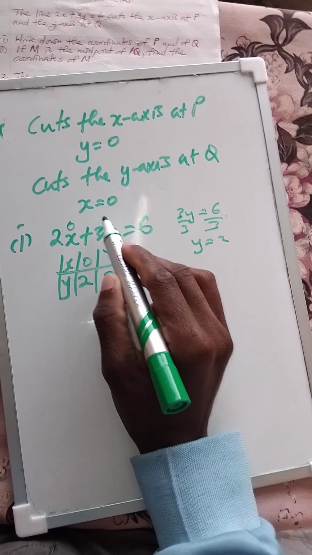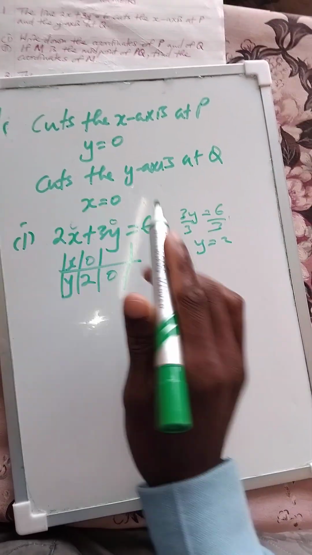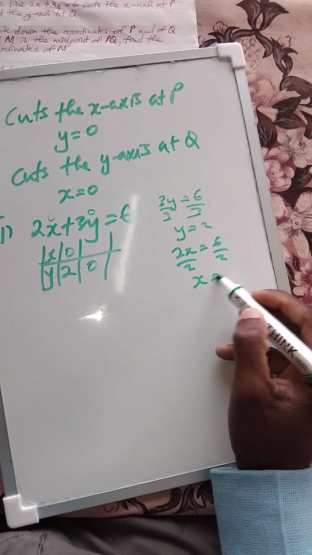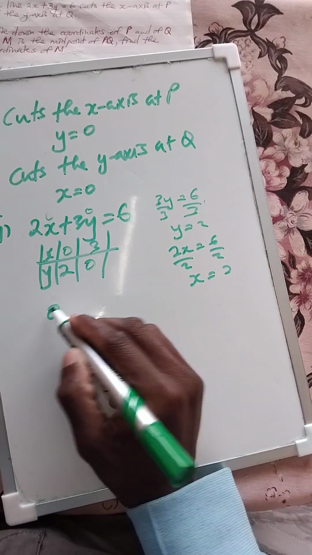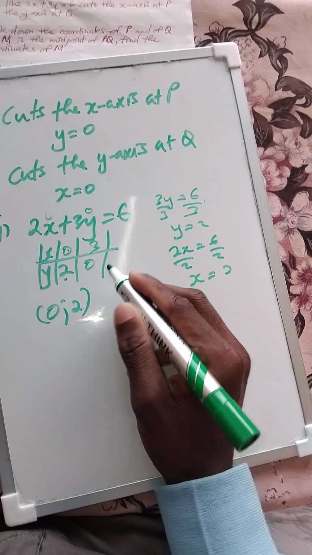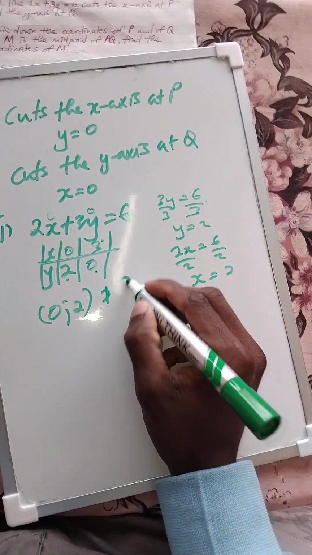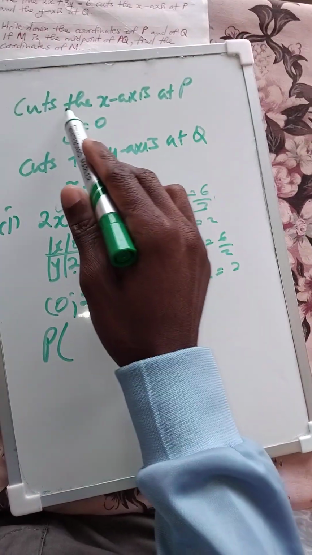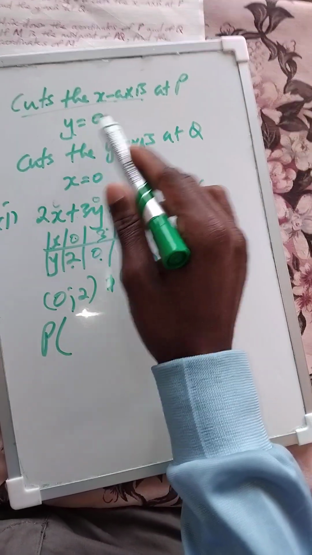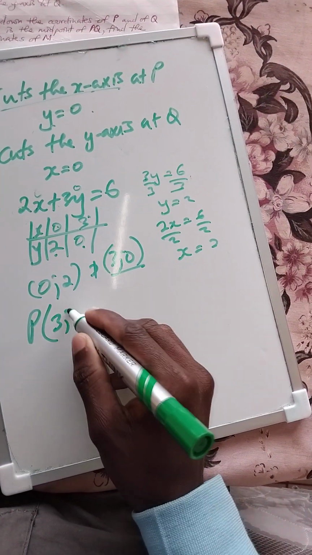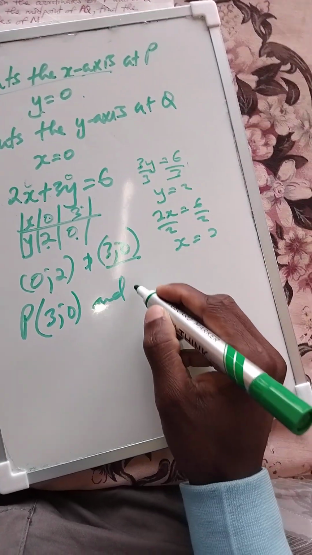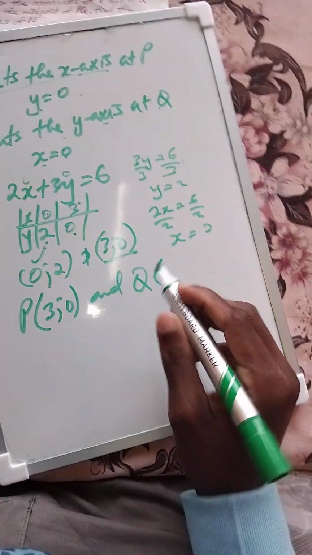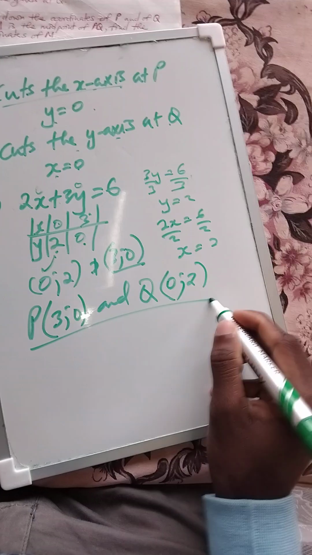When y is 0, 2x is equal to 6, so x is equal to 3, so (3, 0). So our coordinates are (0, 2) and (3, 0). Now which is p? p cuts the x-axis, so y is 0, this one. And q cuts the y-axis, so x is 0.